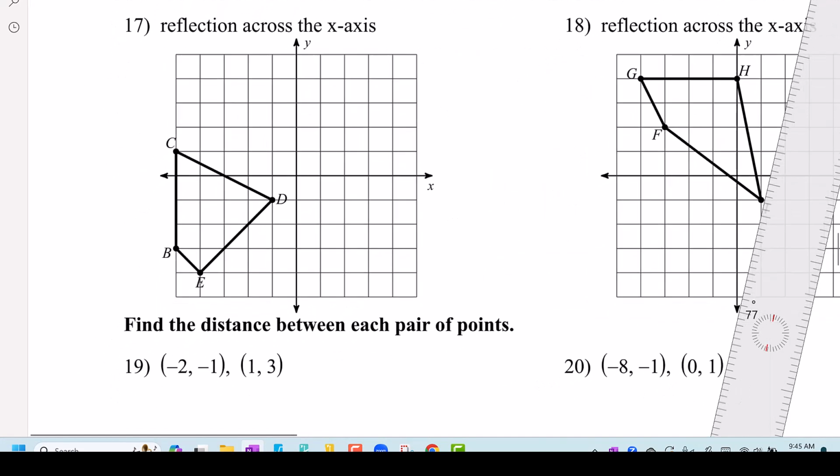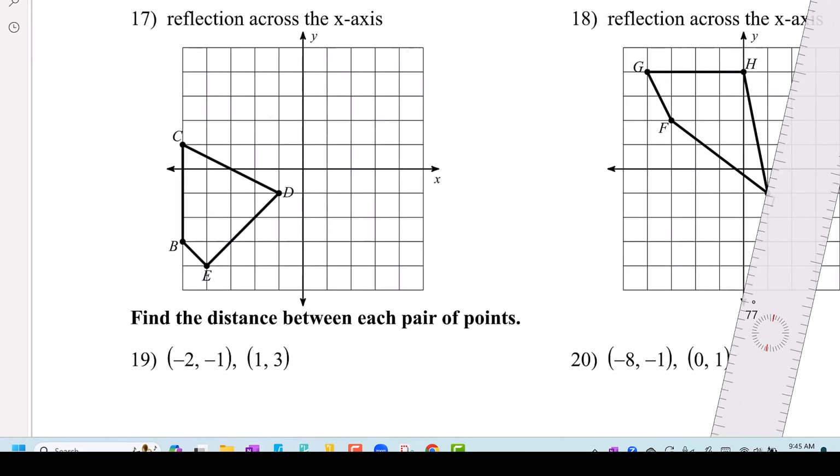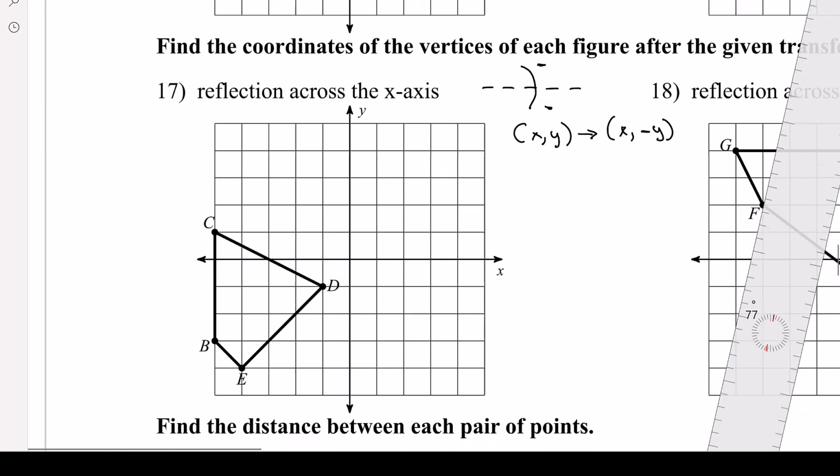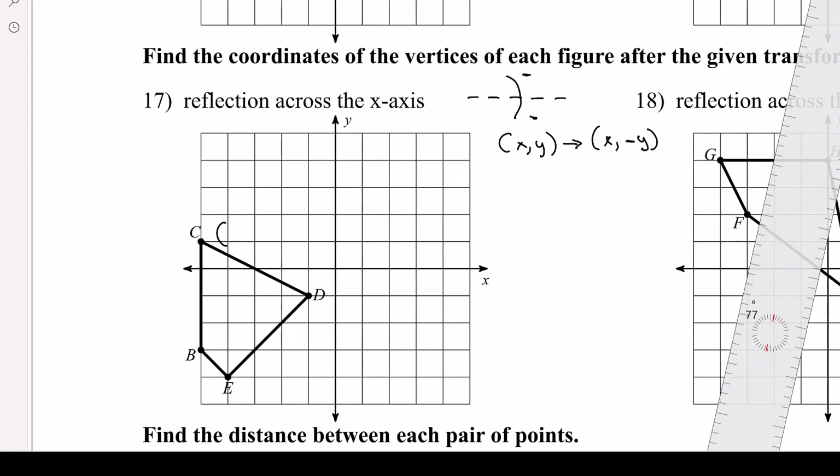Coordinate points. So if you're reflecting something across the x-axis, it's the heights that are changing. So if you start off with xy, it's the y's that get multiplied by -1. So if c is -5, 1, then c prime will be -5, -1.